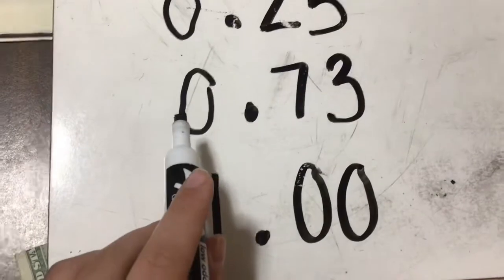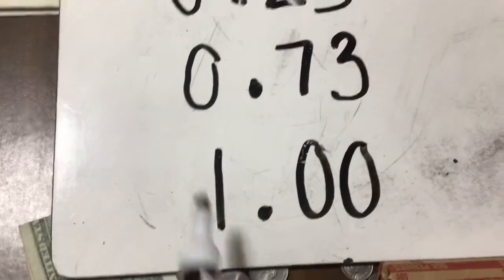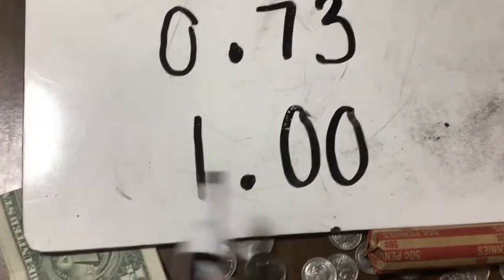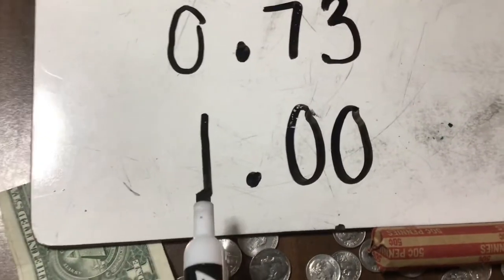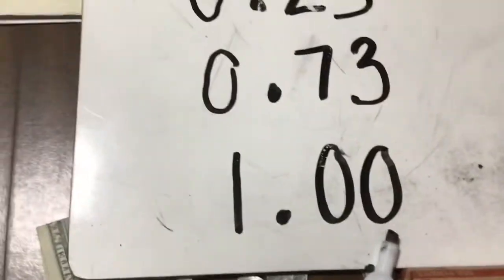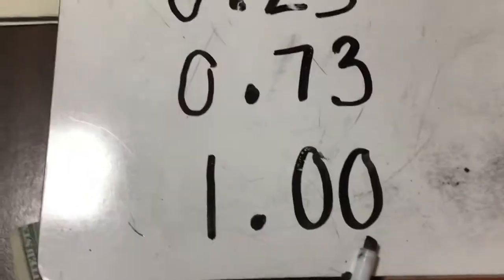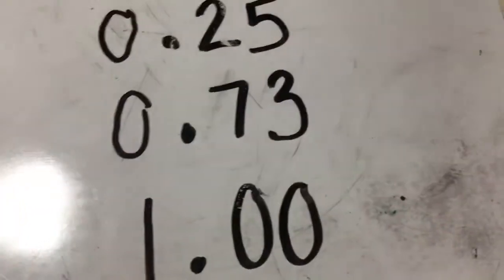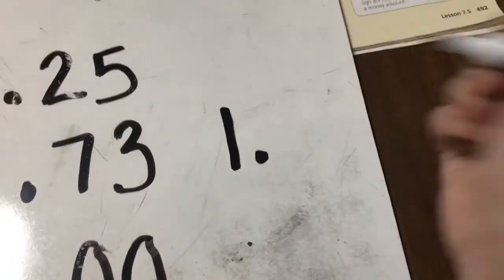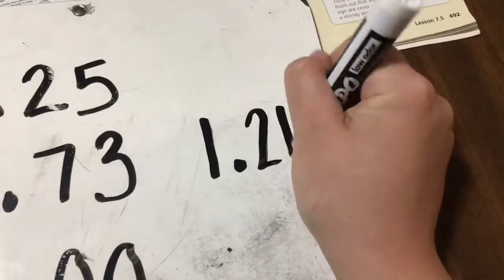When you have a dollar, you don't put a 0 here anymore. Now you can put a 1 or a 2 or a 3 or however many dollars you have. If I have $1, I would write it like this. How would I write $1 and 21 cents? $1 and 21 cents.